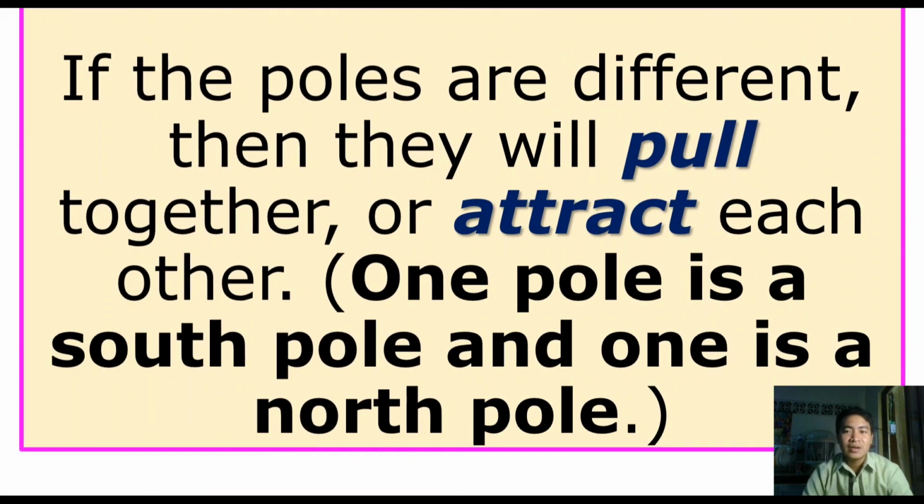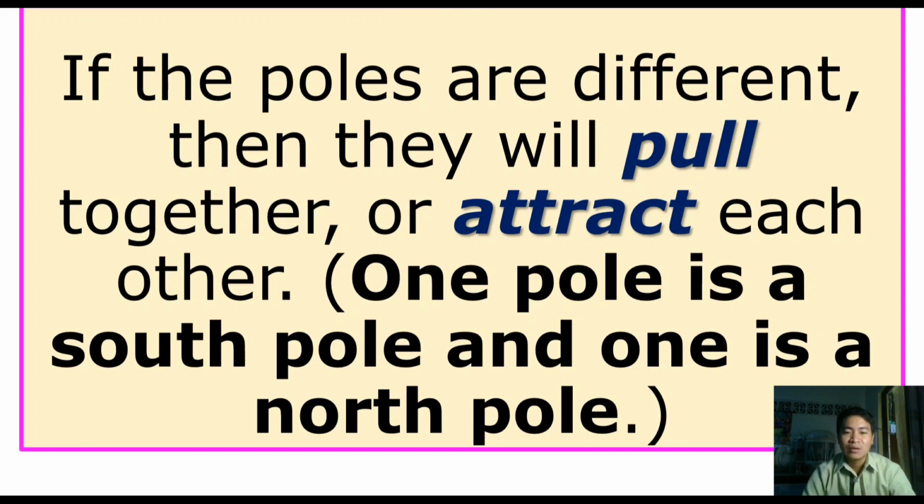If the poles are different, then they will pull together. As what I have said ago, north pole and south pole are partners, or the magnetic field attracts, or they can be attracted by magnets, I should say.